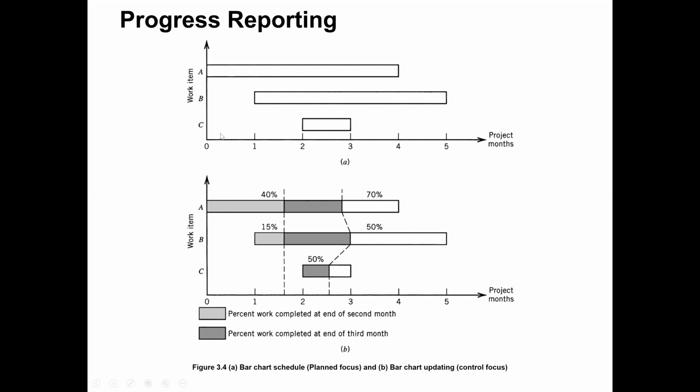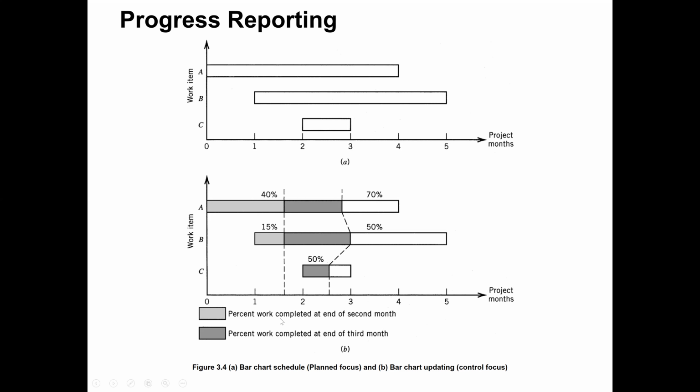Activity A starts at time 0 and runs until 4 months. Activity B starts after 1 month and completes in month number 5, so it is also 4 months. Activity C starts at the end of month 2 and finishes at month 3, just a 1 month period. So this is our plan, the bar chart.